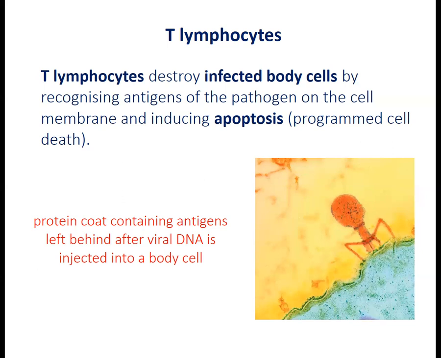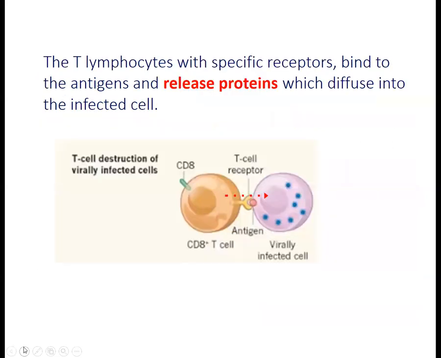And the way that they do that is by stimulating a process called apoptosis. It's basically a program of cell death. The cell, in effect, kills itself. So we'll just explain how that happens very simply. The T lymphocyte has its receptor, because all lymphocytes have receptors that are specific to particular antigens.